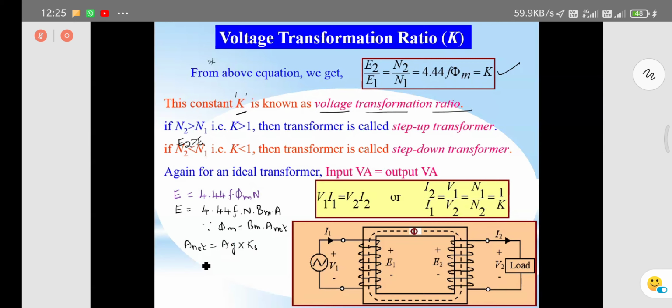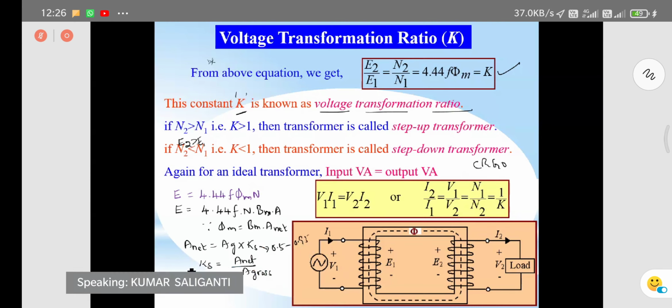The stacking factor K is nothing but the net cross-sectional area by the gross cross-sectional area. Generally the stacking factor will be 0.9 to 0.95 for CRGO steel. Generally we prefer silicon steel, but we prefer CRGO, cold rolled grain oriented steel.